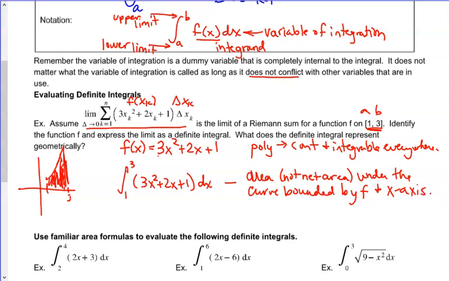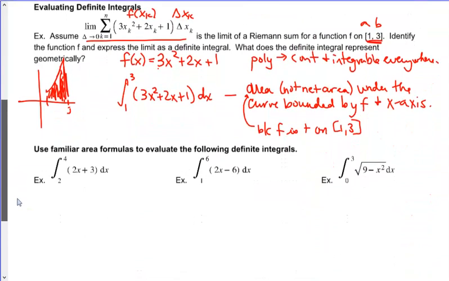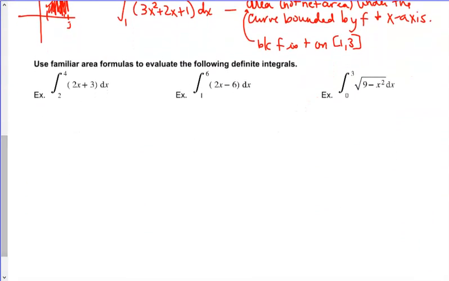Now, you may want to make note that it's the actual area, not the net area, because f is positive on 1 to 3, okay? There's nothing that changes from a positive down to a negative, which creates an idea that we kind of had up here, whoops, sorry, on the other page, when we had some positive areas and some negative areas, okay?